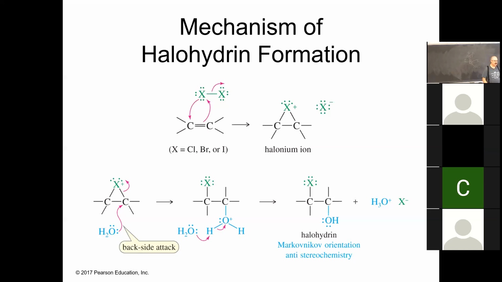And because there are so many more water molecules than there are halide ions, water acts as a nucleophile. We have a large excess of water, so water then deprotonates this oxonium ion, and we get the halohydrin.